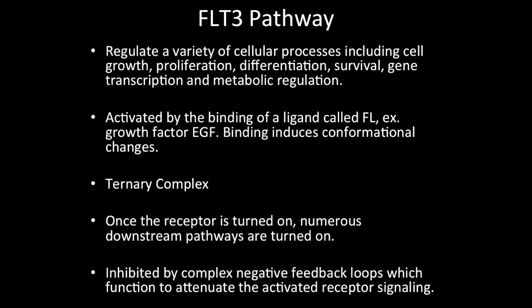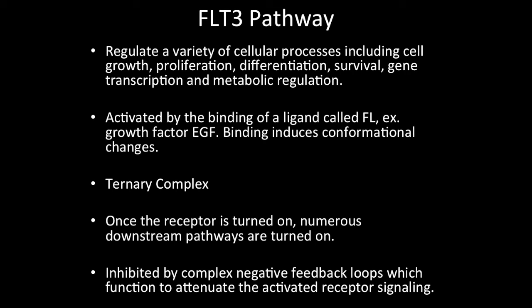Receptor tyrosine kinase cell signaling pathway regulates a variety of cellular processes, including cell growth, proliferation, differentiation, survival, gene transcription, metabolic regulation, and others. Receptor tyrosine kinase signaling pathway is activated by the binding of a ligand, such as a growth factor, to the receptor tyrosine kinase. The ligand is called FL. FL binding induces FLT3 conformational changes.